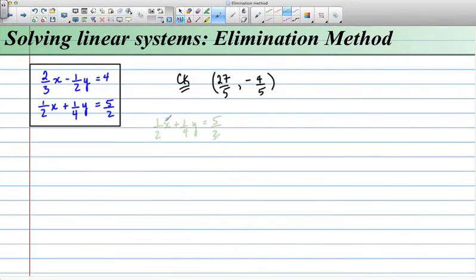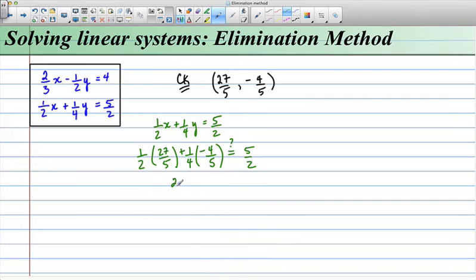Let's check that answer. So 1/2 times 27/5 plus 1/4 times negative 4/5. Does that equal 5/2? So we have 27/10 minus 1/5. Does that equal 5/2?